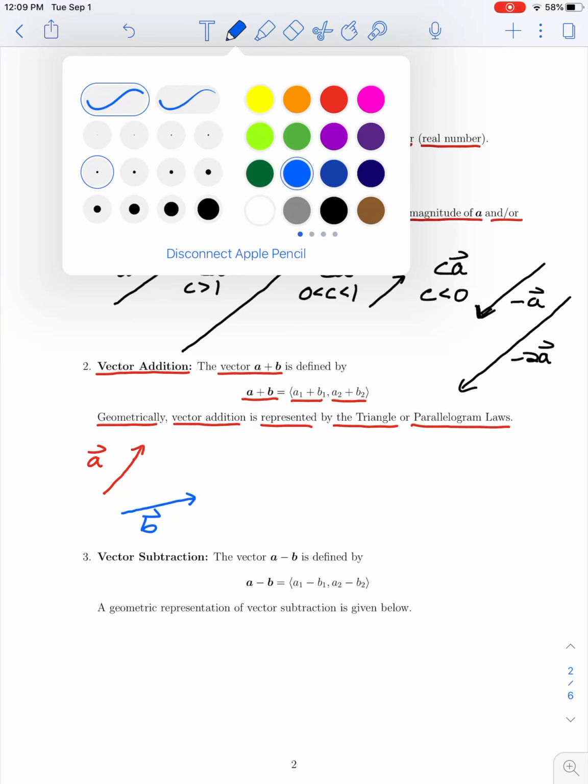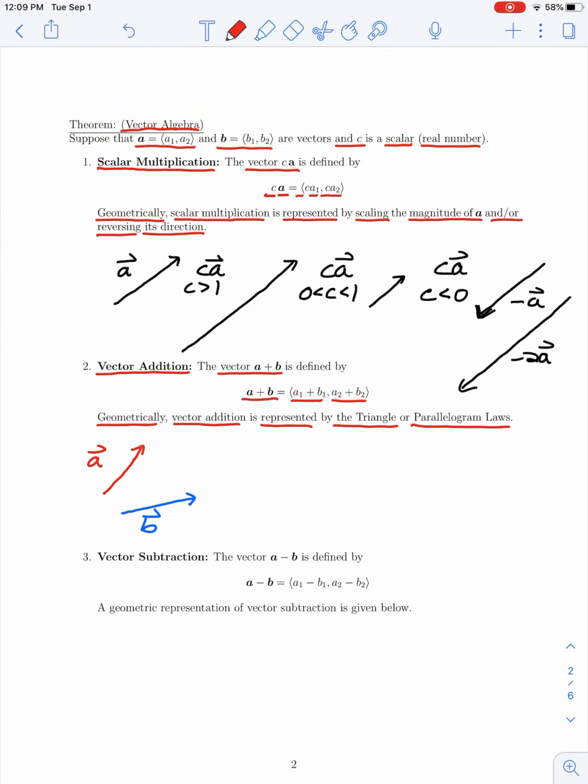So to make use of the triangle law, we're going to take the first vector in our sum, which was A. We're going to take its representation.